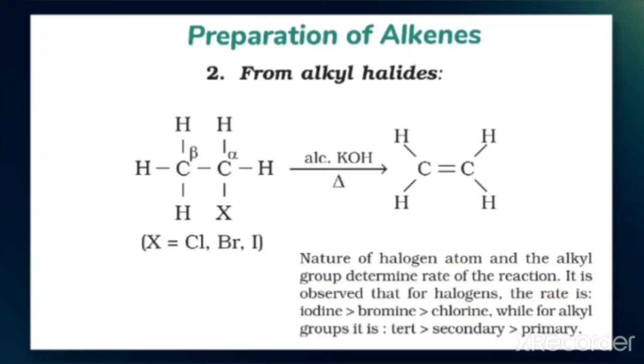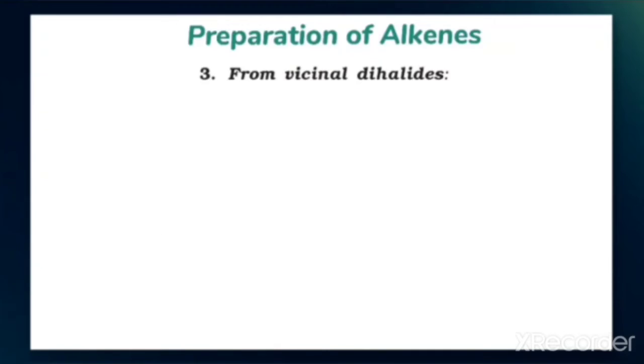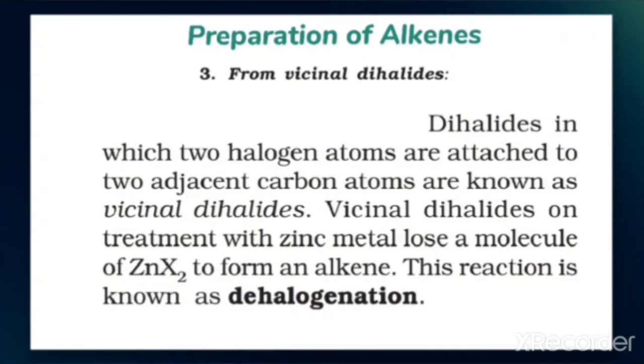Now the next preparation is from vicinal dihalide. What is a vicinal dihalide? A dihalide in which the two halogen atoms are attached to adjacent carbon atoms is known as a vicinal dihalide. Dihalide means two halogen groups are in the same molecule, attached to adjacent carbons.